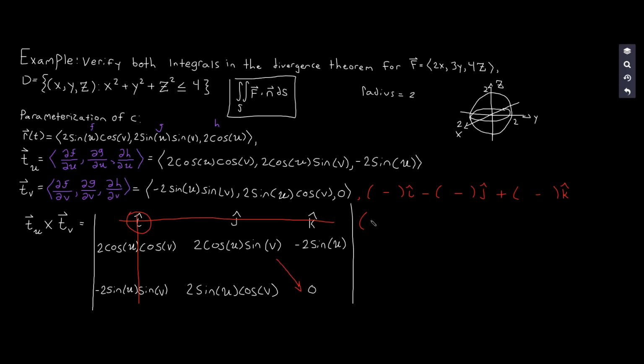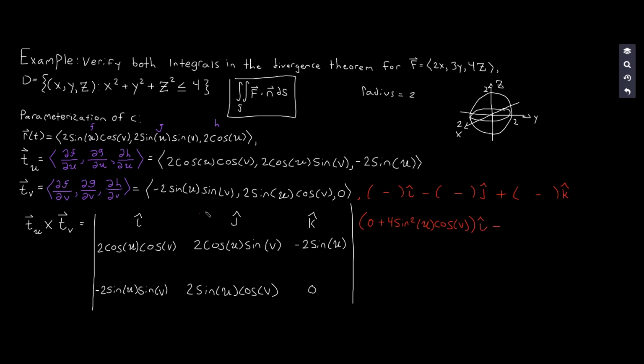Well, that's going to be 0. From that, I shall subtract negative 2 times sine of u times 2 times sine of u times cosine of v. Oh, that's going to turn into plus what? 4 sine squared of u times cosine of v, I think. That's going to do it for our i hat.